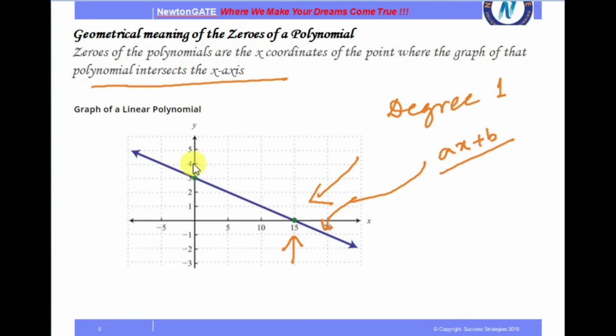So here, as you can see, the graph intersects the x-axis at one point. Since it has intersected the x-axis once, it will have 1 zero. So, it relates with the theorem that we had learned previously.